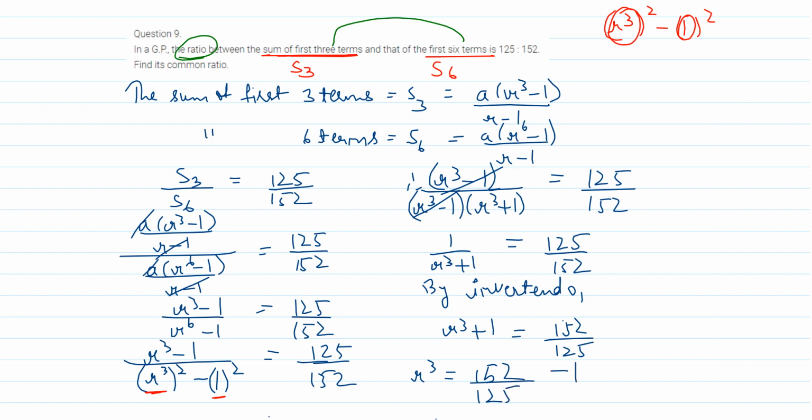That gives me r cube is equal to 152 minus 125 upon 125. That is r cube is equal to 27 upon 125. That is r is equal to 3 upon 5.